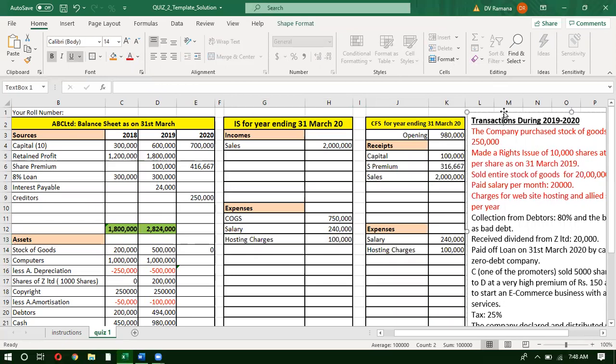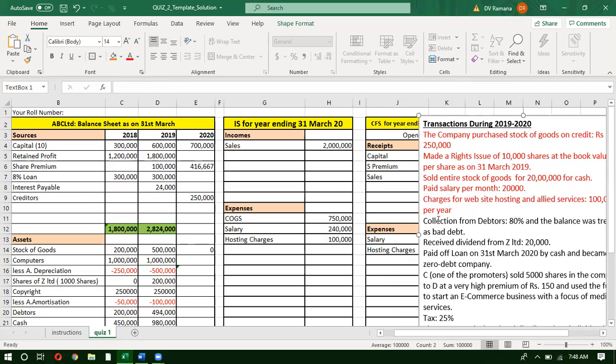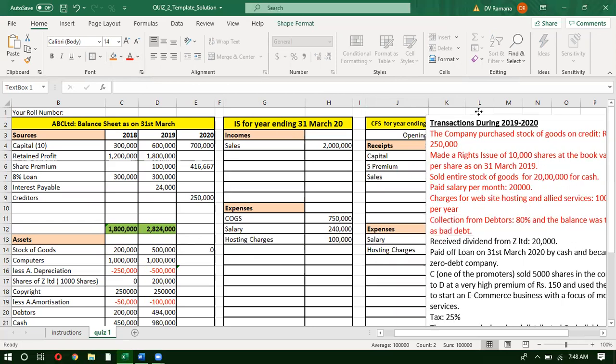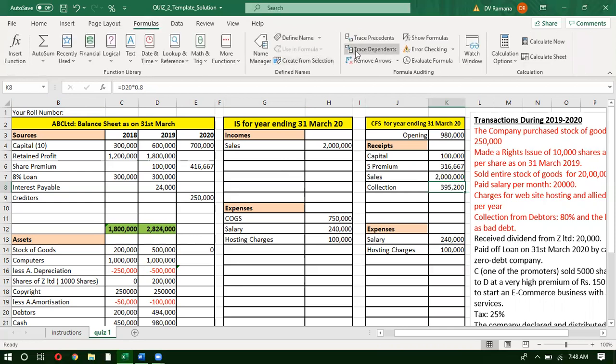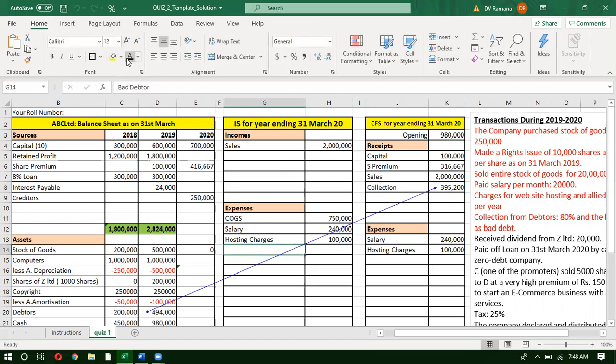Collection from the debtors is 80%, and the balance is treated as bad debt. So the collection from the debtors is a receipt, and the collection is 80%. So therefore, 80% of the debtors is received, and the balance is treated as a bad debt because the customer has become insolvent.